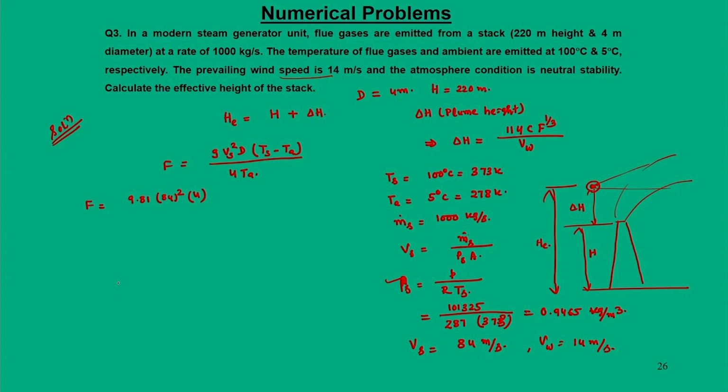T S minus T A, 373 minus 278, divided by 4 times T A, 278. So, this value is 1126.4 meter to the power 4 second cube. The next term which we are going to find out is C.